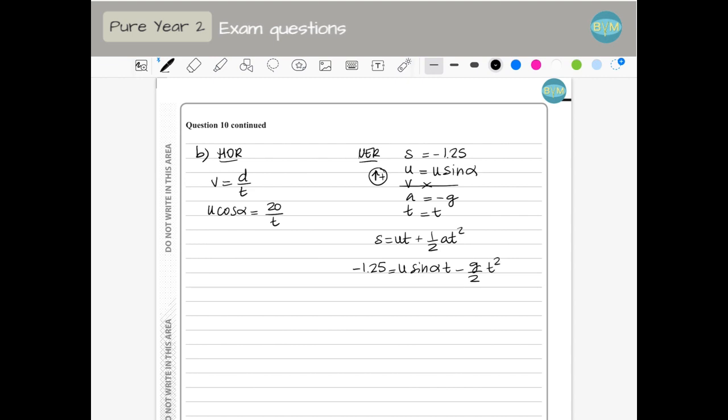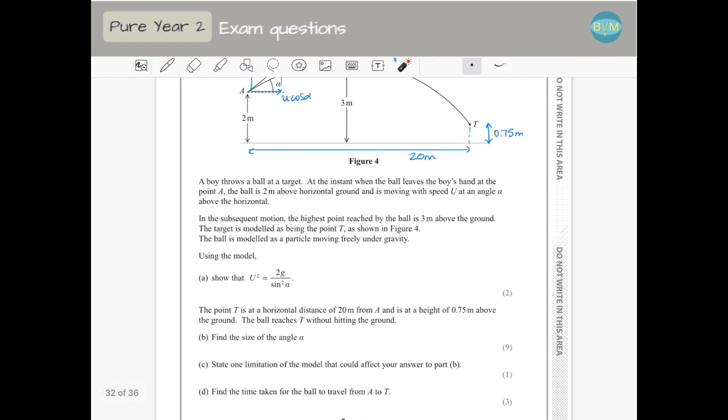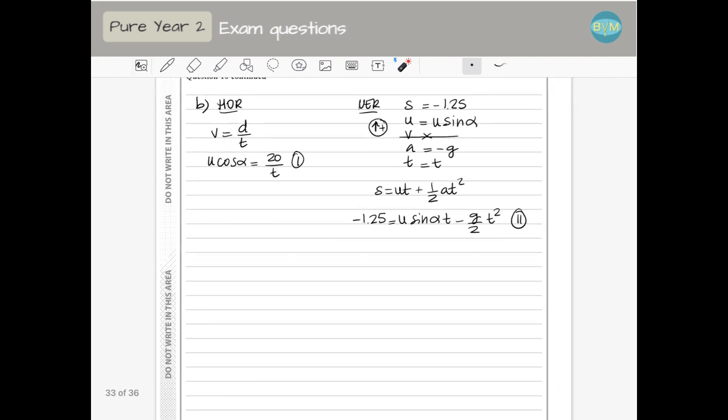Now I have this equation, and I need to find the angle alpha. So what I'm going to do is eliminate t between these two and see what happens. If I eliminate t, I can make t the subject in the first one. So t is going to be 20 divided by u cos alpha.